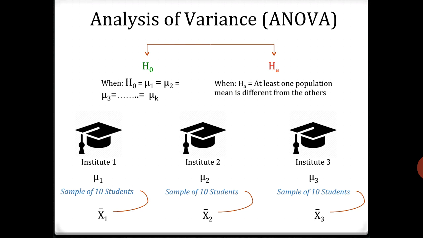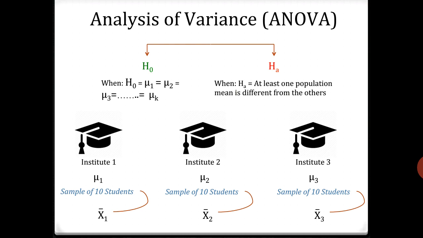So x1 bar, x2 bar, x3 bar are the means of the samples of 10 from Institutes 1, 2 and 3 respectively.